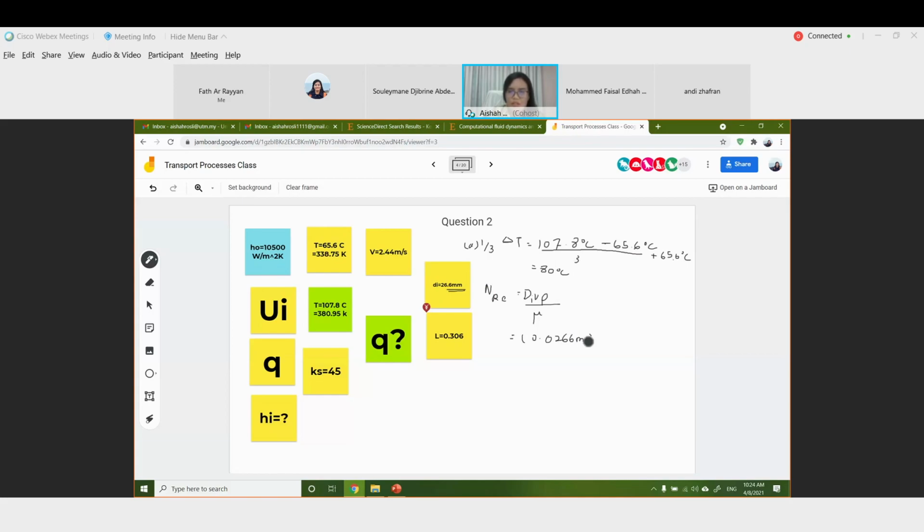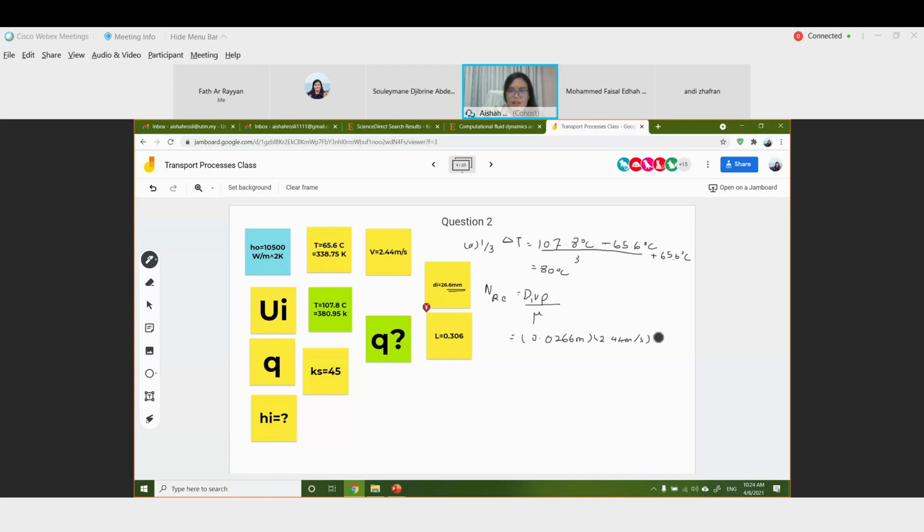0.0266 meter. So the velocity just now, V, is already given, right? I suppose no one listed that out, but it is 2.44 meter per second.